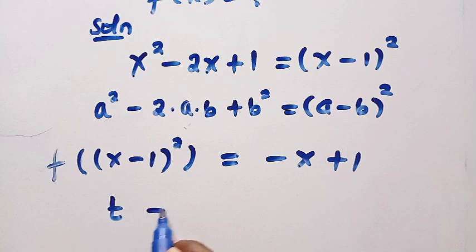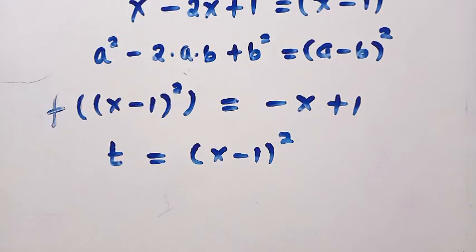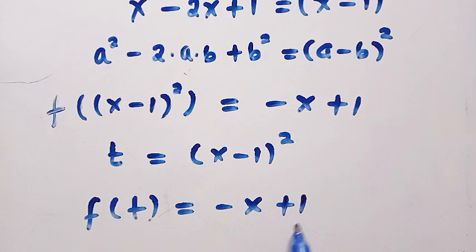If I let t equals x minus 1 raised to the power 2, the function changed to f of t equals minus x plus 1. But wait, so this still contradicts. This is t and this is x, and the input and the output must not contradict each other.